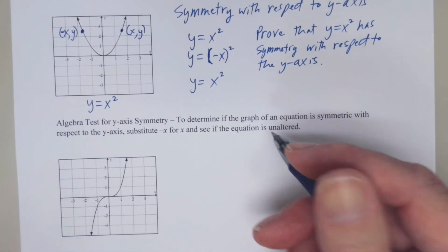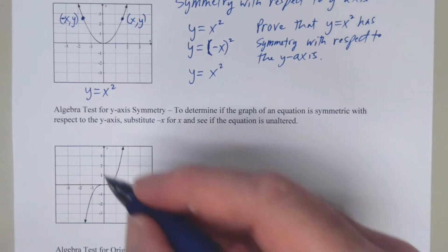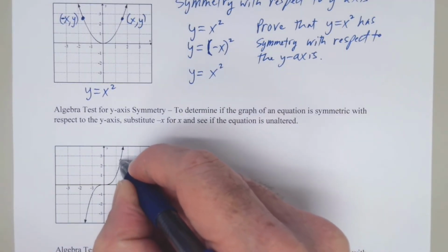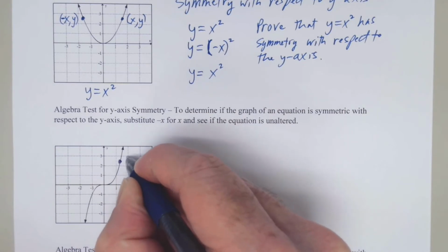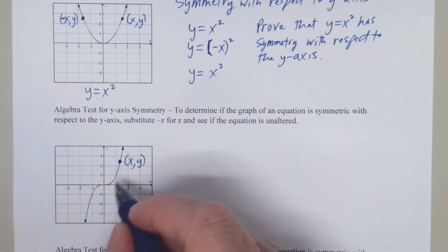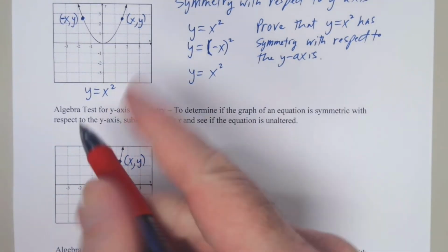So here we have some kind of symmetry going on. Maybe it's not as obvious as the others. So if I take some point up here, this would be x, y. Notice on the other side, we could actually draw a line here.